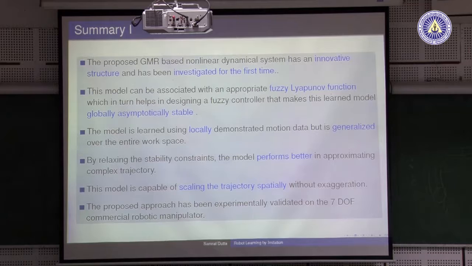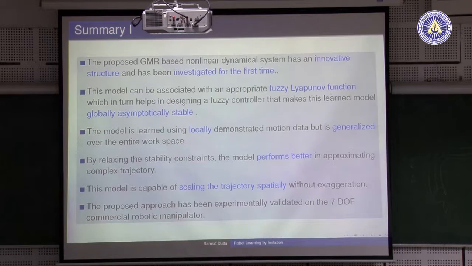Well, these are the summaries of what we have learned. We have learnt a GMR-based model. We have shown that it can be learned while ensuring the stability of the motion model, and that locally demonstrated motion profiles can be learned for a global perspective.